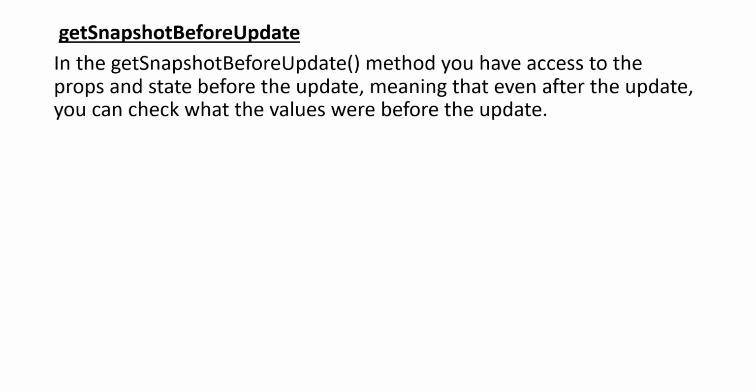This method is called right before the virtual DOM is about to change, which allows our component to capture the current value or some information from the DOM before it is potentially changed.